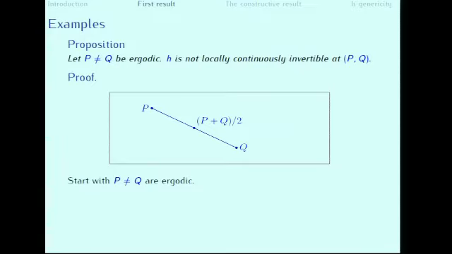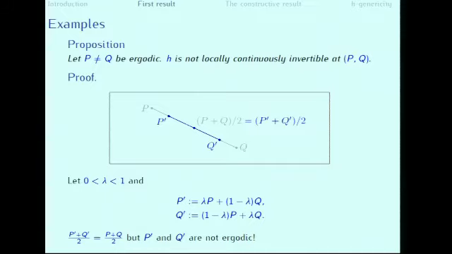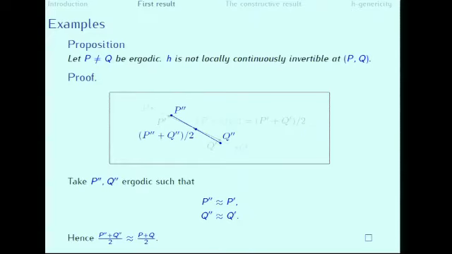The first thing you do is take two convex combinations of P and Q which give exactly the same average. So here you moved P much to P prime and Q to Q prime, but you didn't change the average. The problem is that P prime and Q prime are not ergodic; they can be decomposed. But the ergodic measures are dense, so you can change them very slightly and end up with new ergodic measures that are different from the original ones, but whose average is very close to the original one.